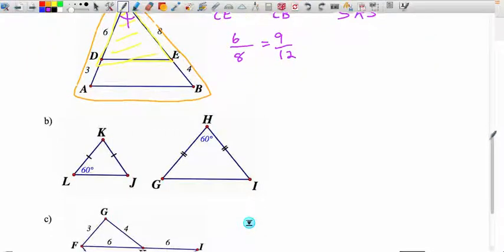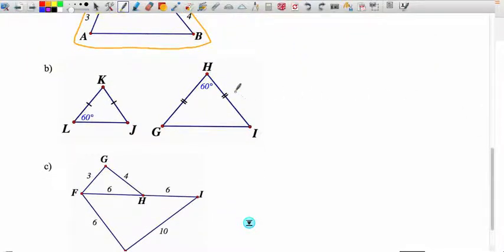Alright, if we go ahead and look at example 1b, this may look slightly familiar because we had some similar questions like this on the question press. The difference here is you have been given the measure of an angle. If those two sides are equal and these two sides are equal, then they are naturally going to be in the same proportion.